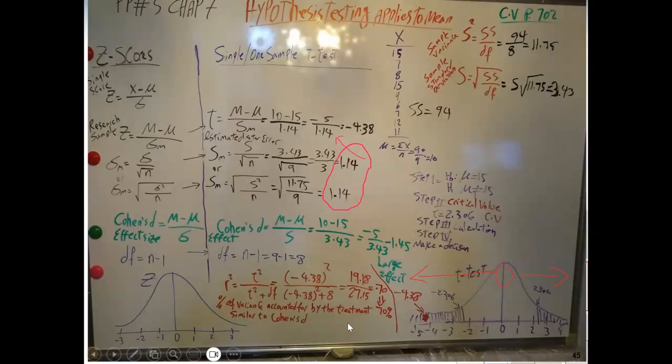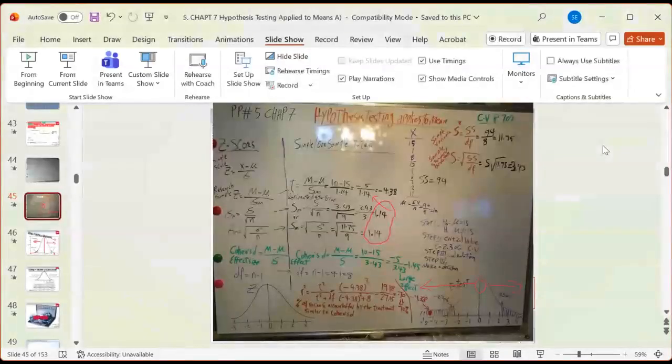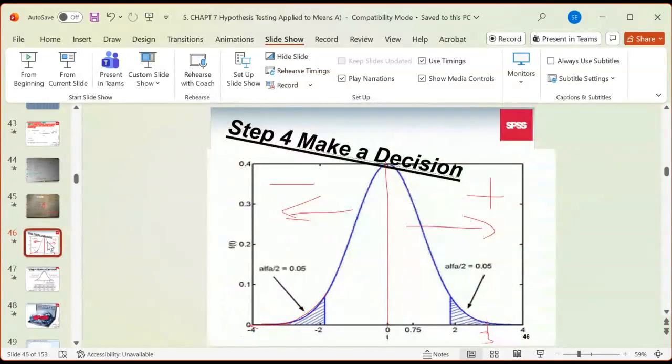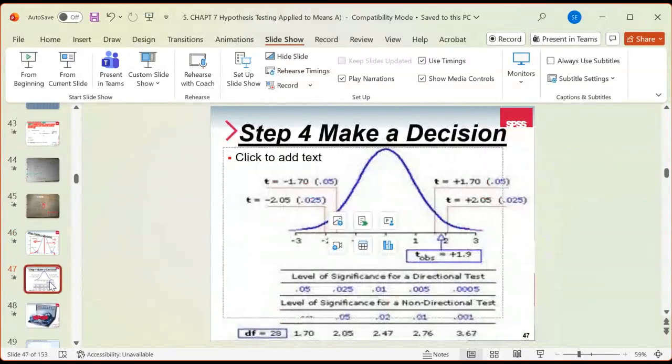So that's why the higher this r squared, the better, and the higher the Cohen's d, the better. That's when you reject the null. Big difference. So that is our distribution. Okay, so that's step 4 that we just explained.